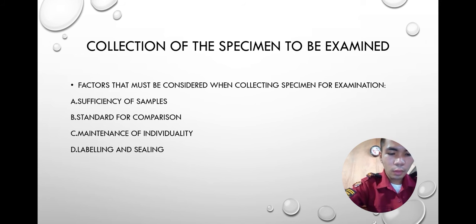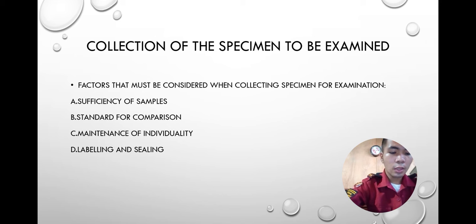As much as possible, the investigators should collect sufficient amount of specimen for examination. This will make the chemist confident that in case of downfall result, he or she can still have enough samples to repeat or to proceed to the succeeding examination.